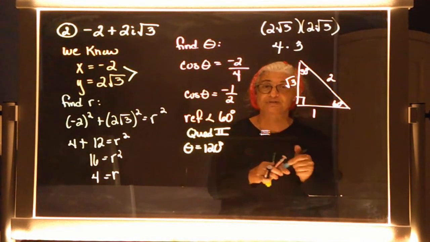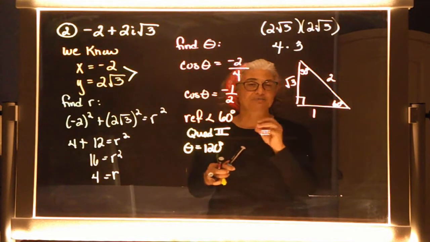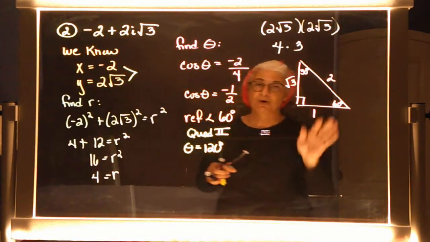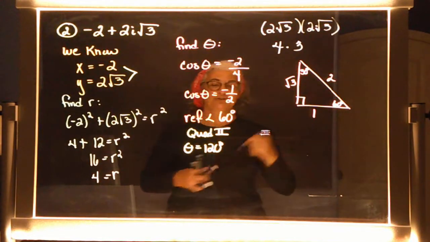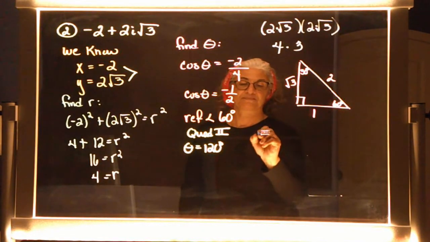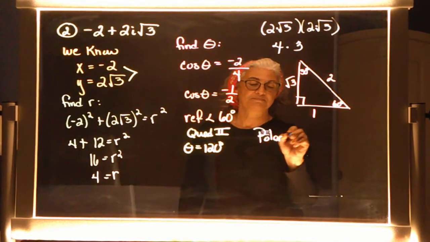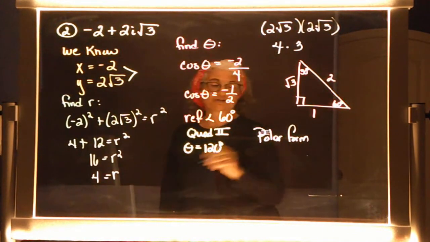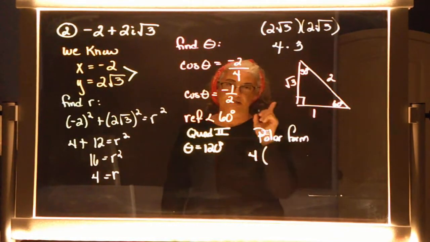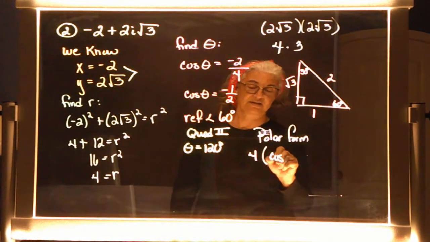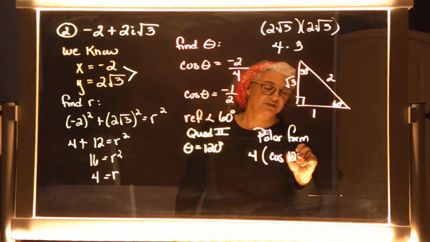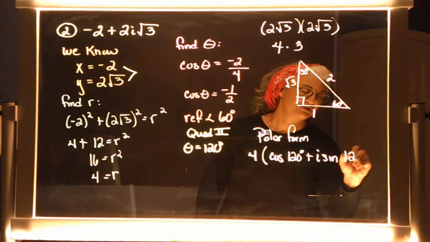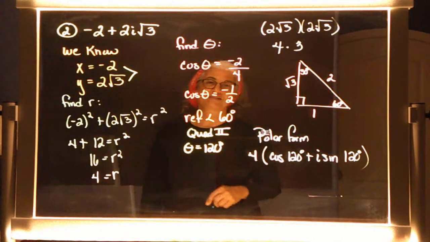points to polar points, except that's not what I'm converting. I'm not converting points. I'm converting a complex number into a polar number. So, your polar form: r, which is 4, and in parentheses, cosine of 120 degrees plus i sine of 120 degrees, because those are the exact same angles.